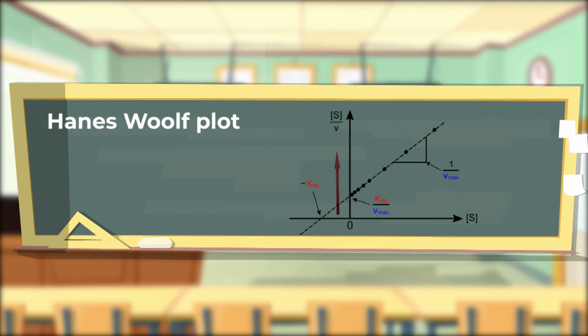In the Hanes-Woolf plot, on the y-axis concentration of S by V is taken, and on the x-axis concentration of S is taken. Here the slope is 1 by Vmax, the intercept on the S by V axis is Km by Vmax, and the intercept on the concentration of S axis is minus Km. Once again, from the experiments Km and Vmax can be calculated directly.